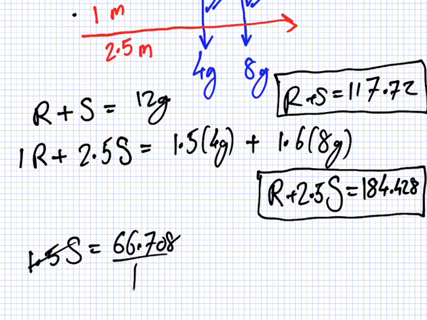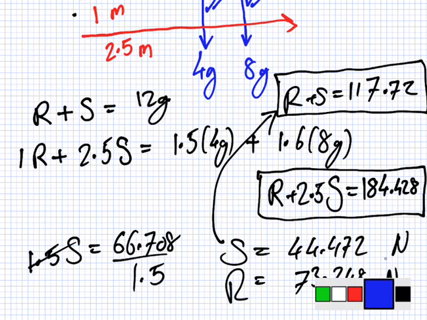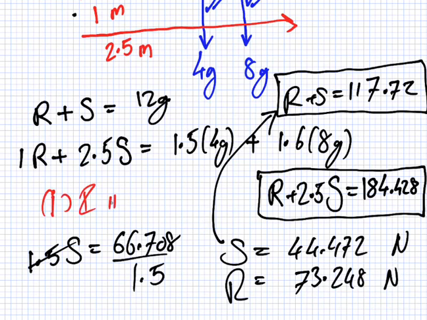So I get S equals 44.472 newtons. And then if I just plug that back in here, I can get the R. 73? Yeah. So I have just done part 1 and 2 for how many marks? 6.